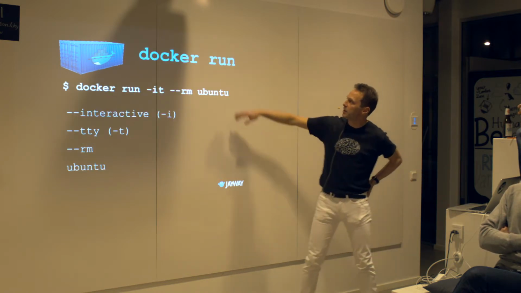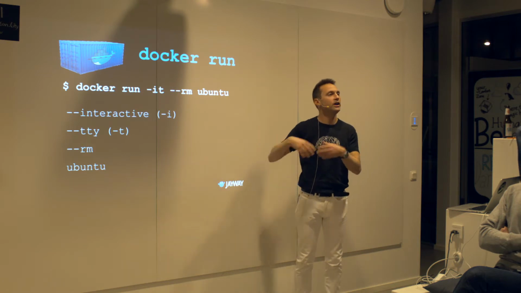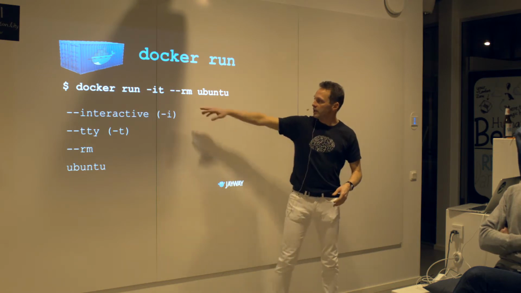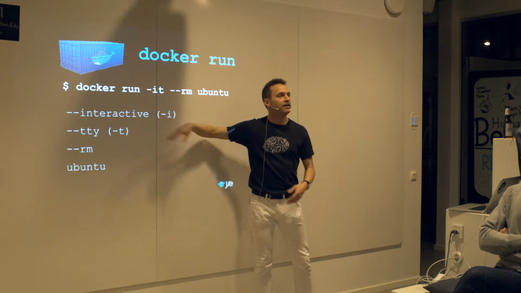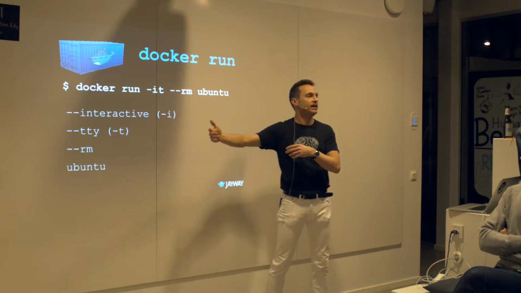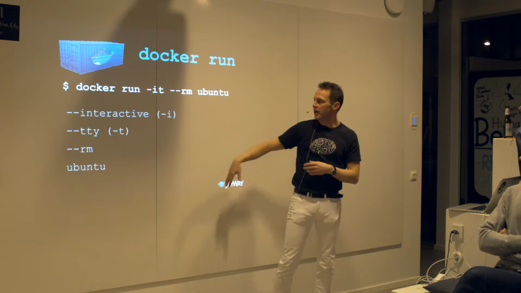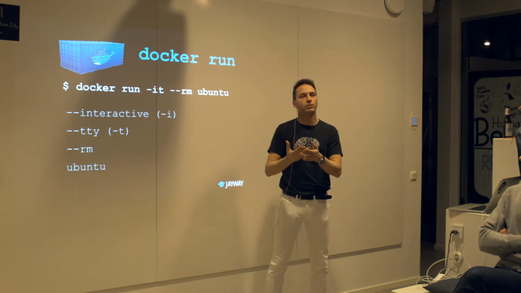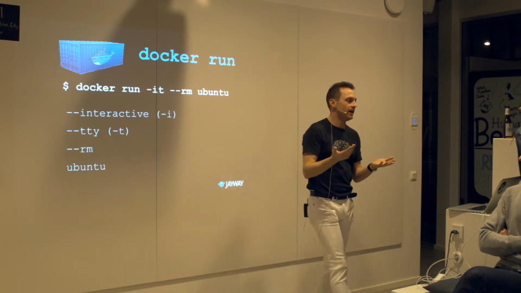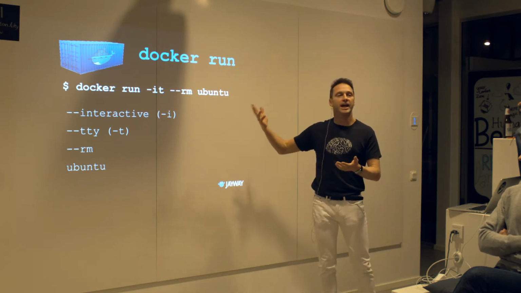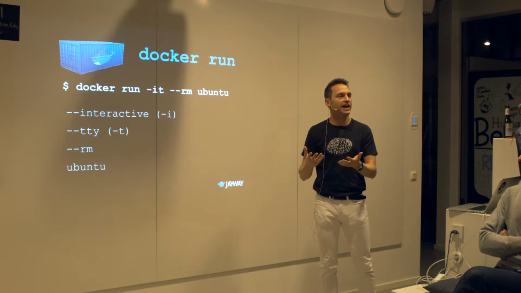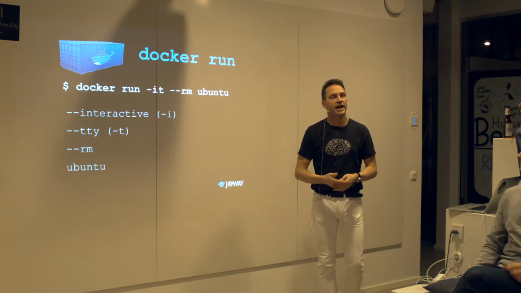So here's an example of how to run a container in interactive mode. -i tells it I want to run it in interactive, so I want to be able to send standard input into the container, and -t means that it will respond properly to signals, and also behave as if there is a TTY attached.